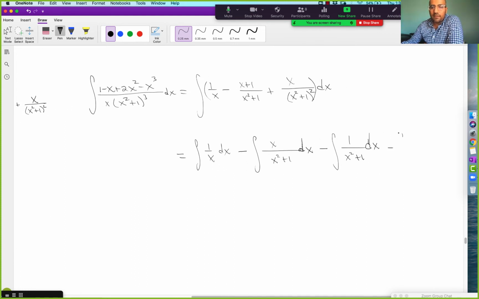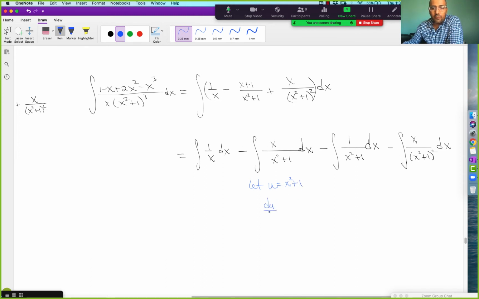And minus the integral of x over x squared plus 1 squared dx. And that should be an easy u substitution. So is this one. So let's let u equal to x squared plus 1.